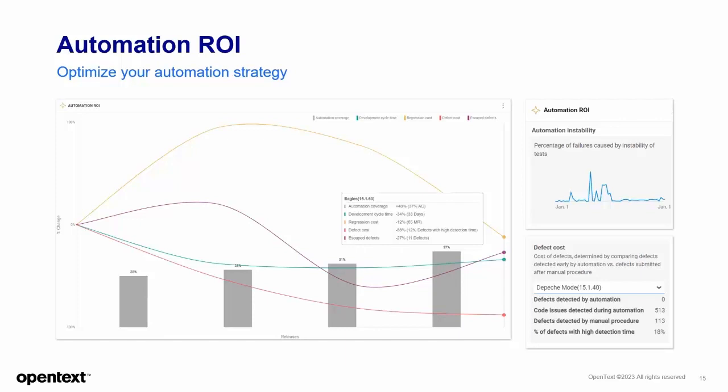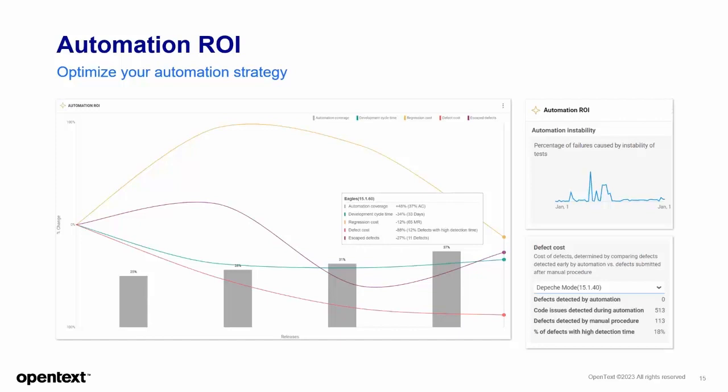We can see it will also give us information like the automation instability. So this is basically looking at, is your automated test stable, or can they be modified? Of course, if you have an automation that's unstable, that can dramatically lower the automation ROI because you're going to put a lot more effort into fixing it.